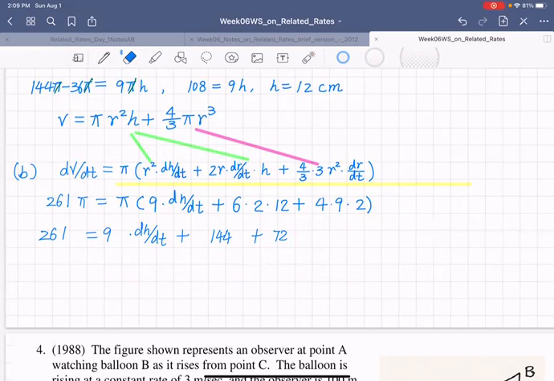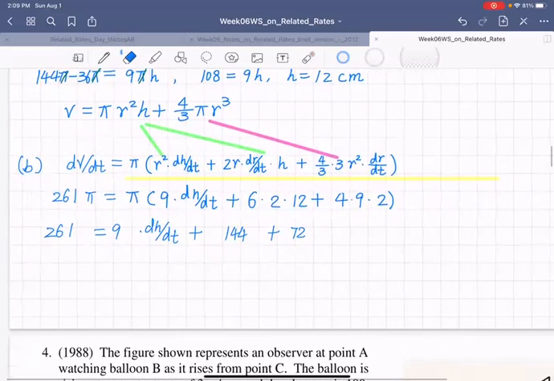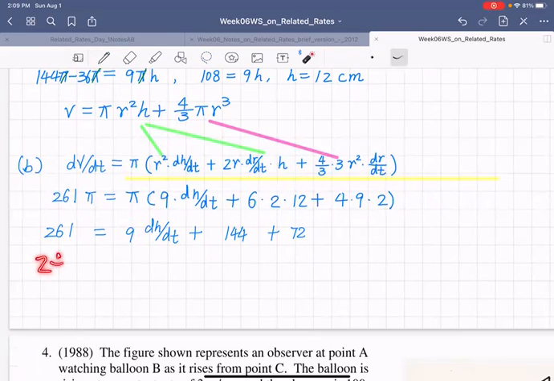So let's see. There's some number sense we can use to make this calculation faster, okay? Look here: 2 plus 6 plus 1 is 9. This number is divisible by 9, this is divisible by 9, this is divisible by 9.